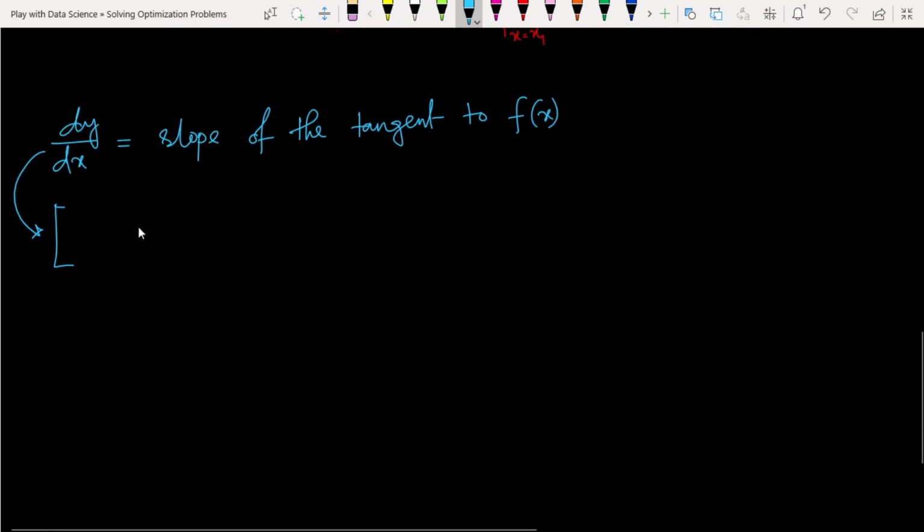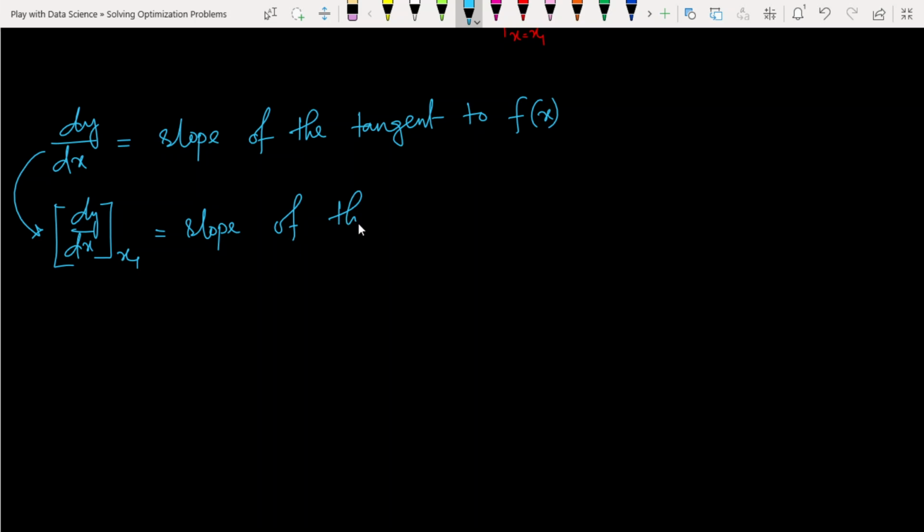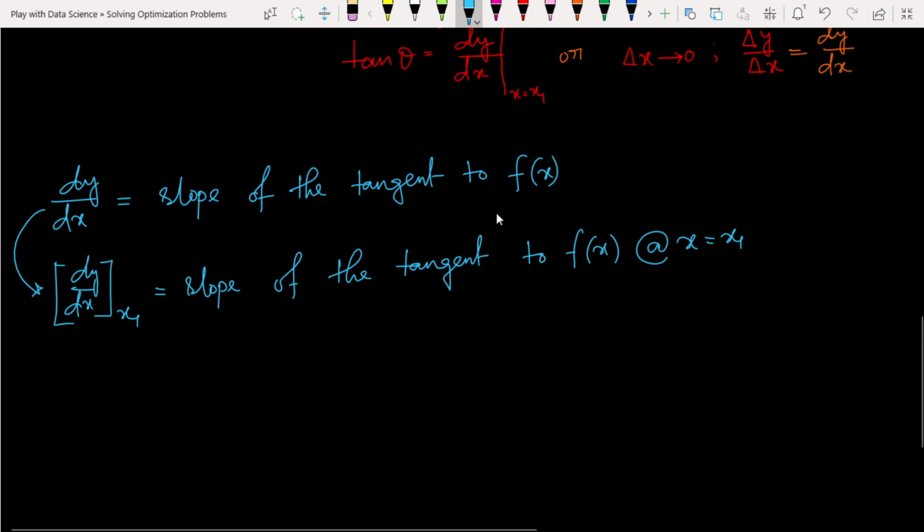If we use it for a specific point, then what will it be? It means the slope of the tangent to f of x at the point x equals x1. Here we are using a single point, and there we are using the general point.